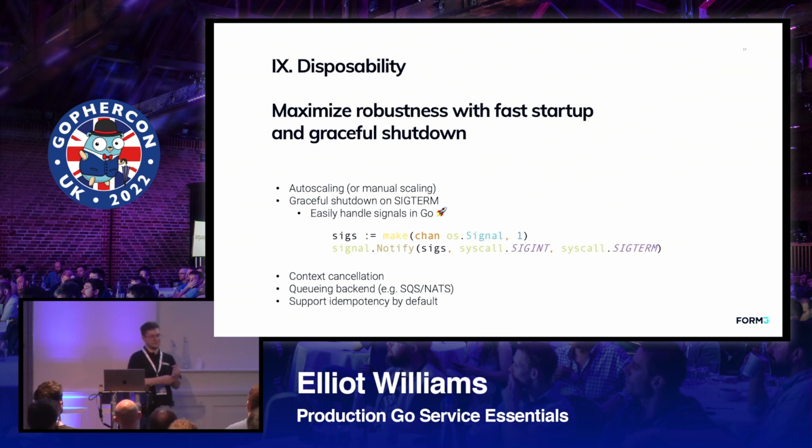You can handle graceful shutdown in Go really easily with the SIGTERM stuff here. That's like a 2-line code example just to listen to SIGINT and SIGTERM, and then you have a channel that's going to get notified whenever your application is to shut down. Then you can use things like context cancellation to make sure that you are shutting down your application properly and not just flattening it whenever it's time to go, because obviously there might be stuff in process.